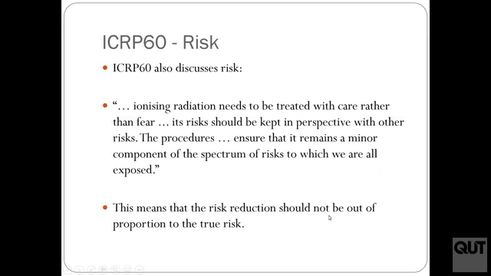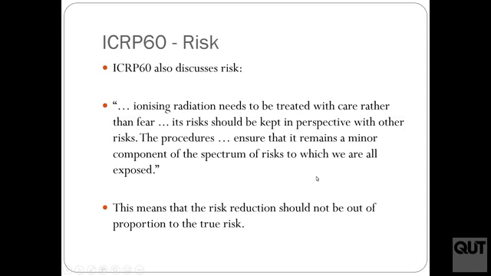Alright, so it means that the risk reduction shouldn't be out of proportion to the true risk. If it was out of proportion, for example, you might stop all people getting X-rays because X-rays give radiation, and that has a slight risk with it, but the benefits of getting an X-ray to diagnose a disease far outweigh the risks.